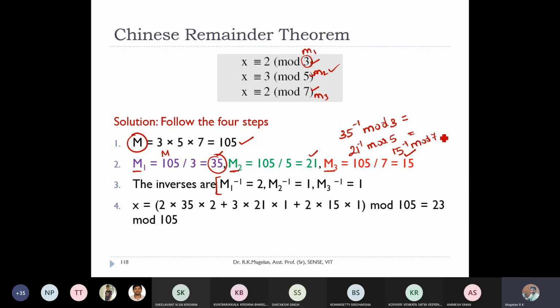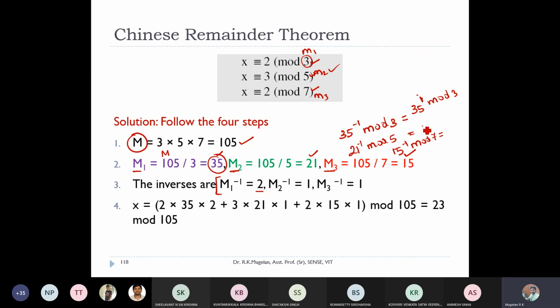And here you can use any method of your choice. These are prime numbers, so you can use Fermat's theorem directly, or you can go with Euler's theorem also. If you go with Euler's theorem, you get phi of n minus 1 as the power. Phi of 3 is 2, and 2 minus 1 is 1, so you compute 35 mod 3, and you should get the answer 2.